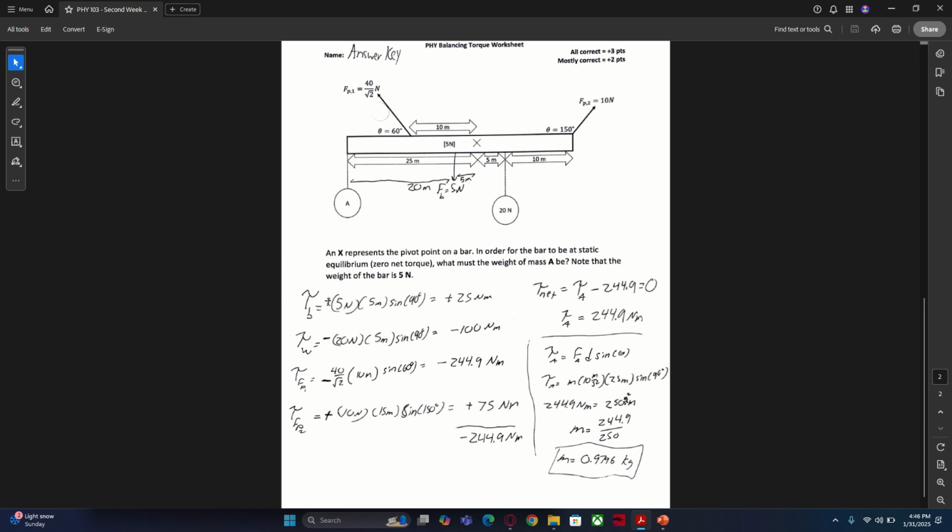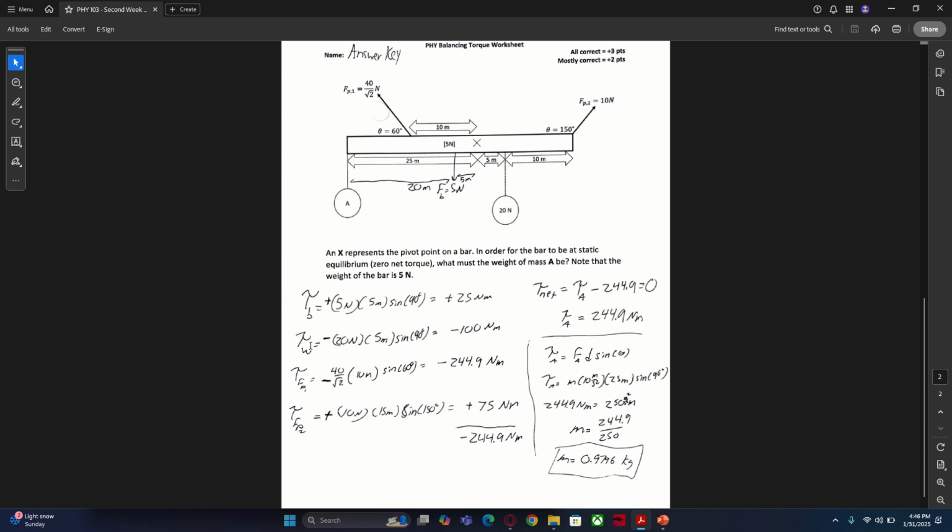So we're going to make that positive. Positive times 5 times 5 times sine of 90 degrees should come out to positive 25 Newton meters. Unlike with work, where these units become joules, for torque, we leave them as Newton meters.